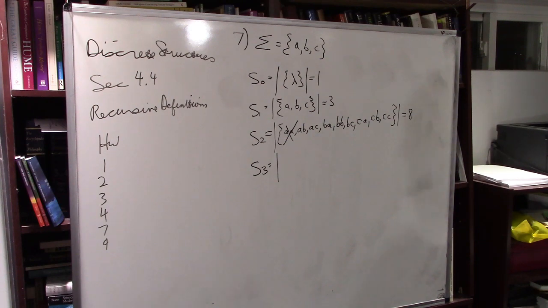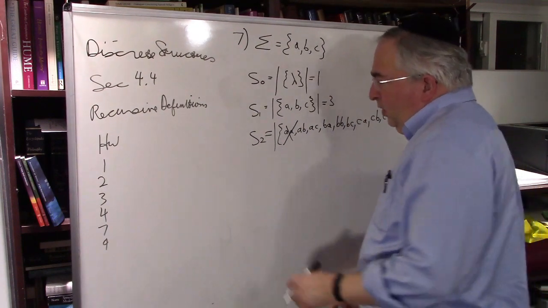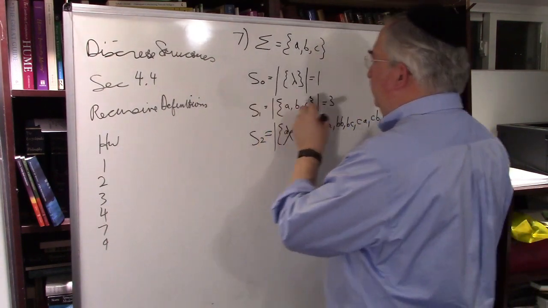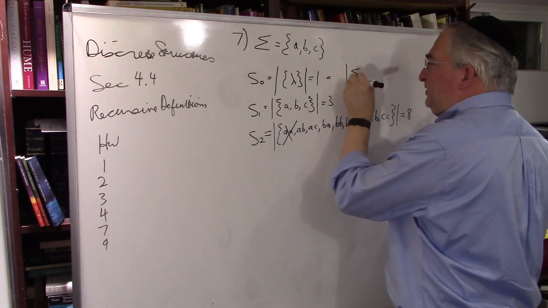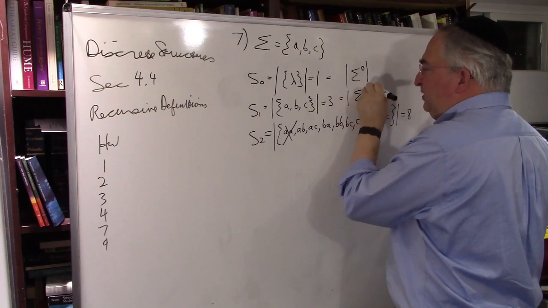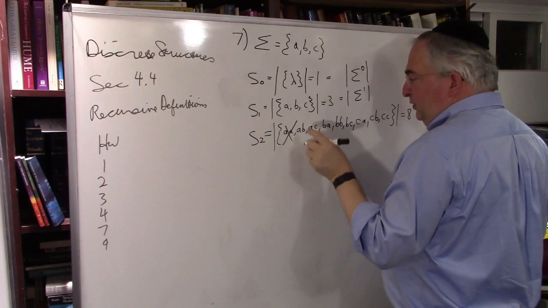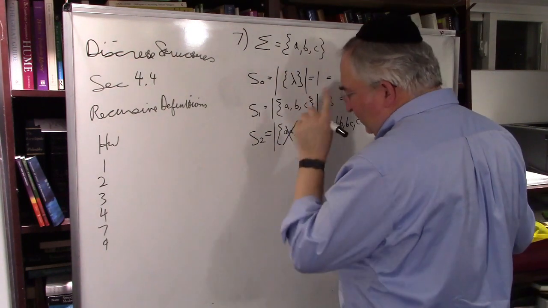Okay, let's think of it another way. This is really equal to the number of elements in sigma 0, and this is equal to the number of elements in sigma 1, and this is equal to the number of elements in sigma 3, but not with that. So I want to write this another way.